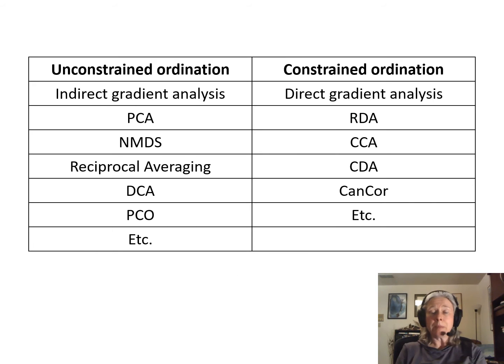There are two main groupings or divisions of types of ordination, which I show here on these two sides of this table: unconstrained ordination and constrained ordination.